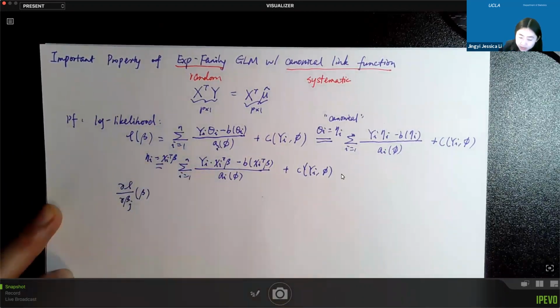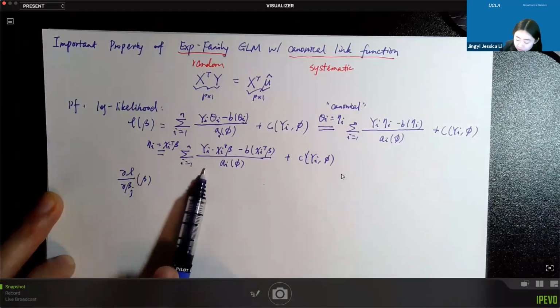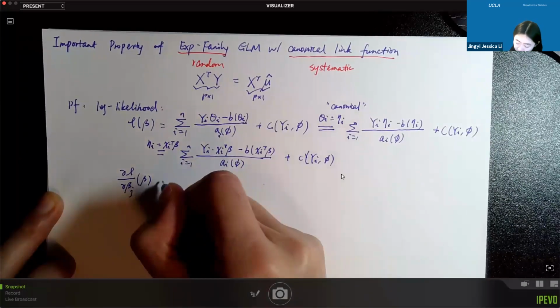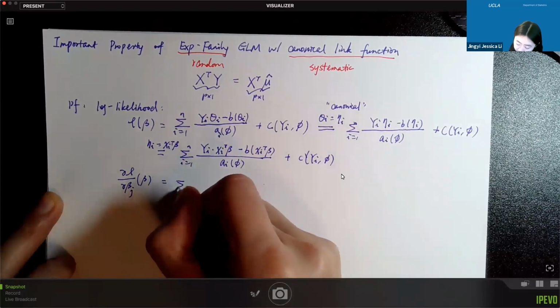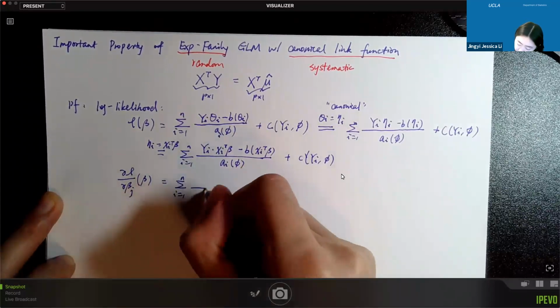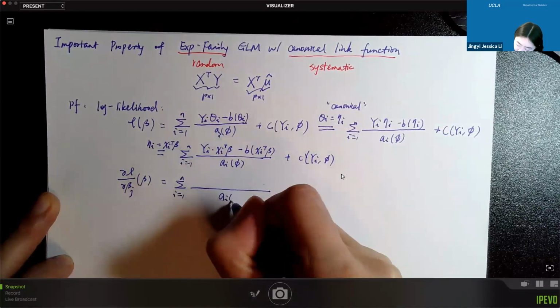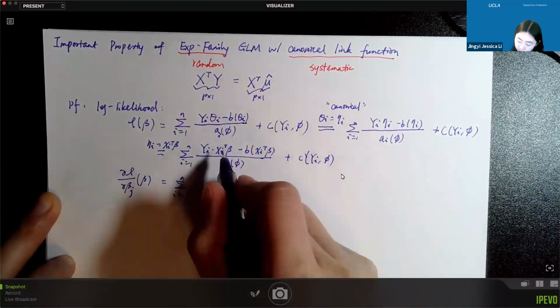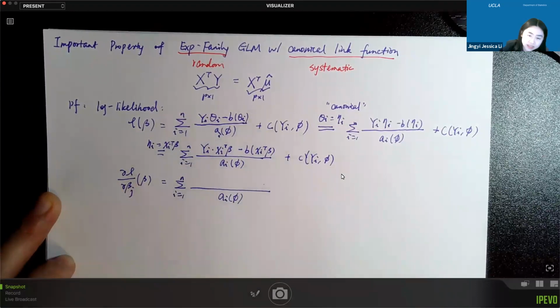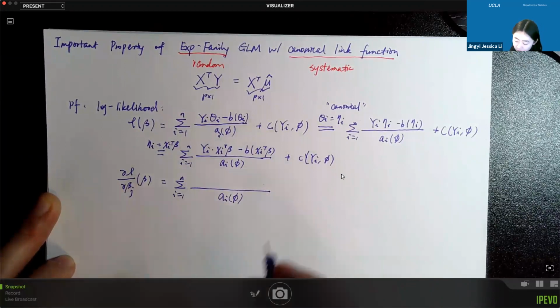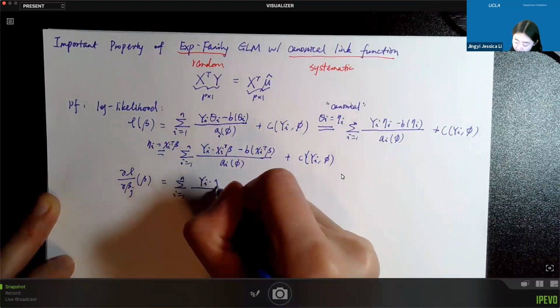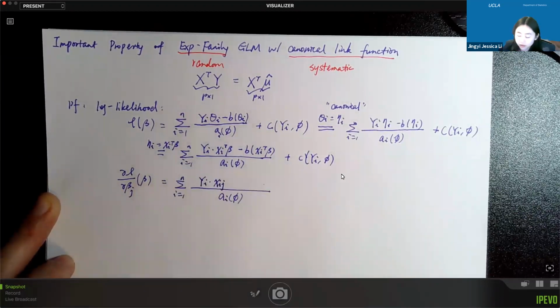In the sum, we keep the denominator. In the numerator, xi transpose beta, that inner product, is actually the summation of xij times beta j over j. So when we take the partial derivative against beta j, we get yi times xij, the ith row, jth column of the design matrix.